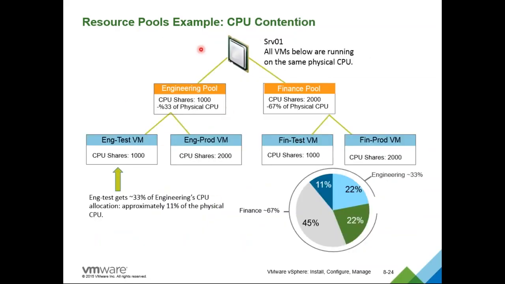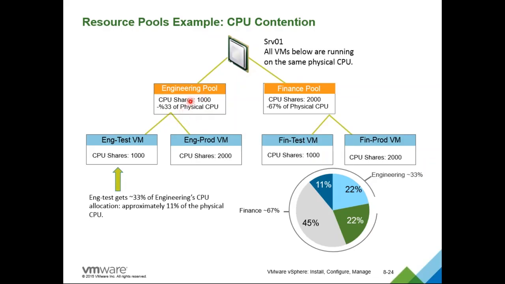Okay. So, resource pool example, CPU contention. Here we are taking only one component. You have ESXi host SRV01, and whatever CPU is there, all VMs will run on this particular CPU resource only.